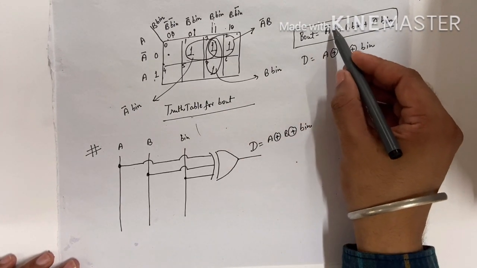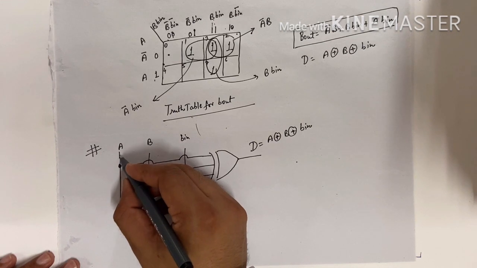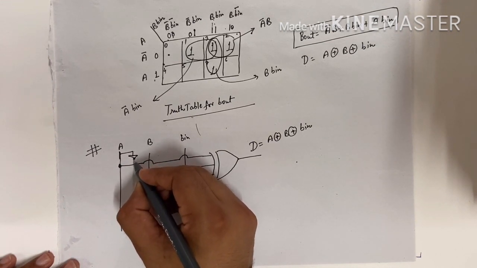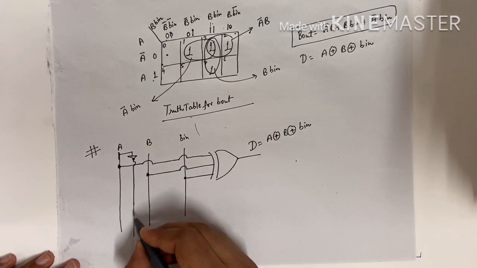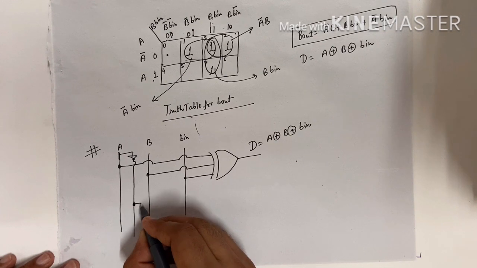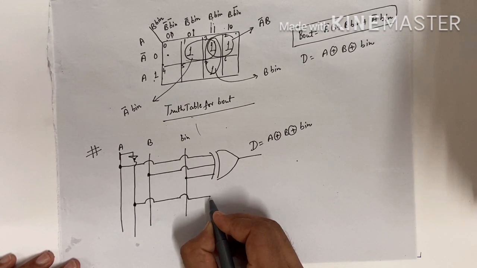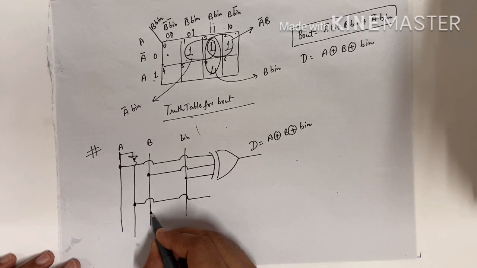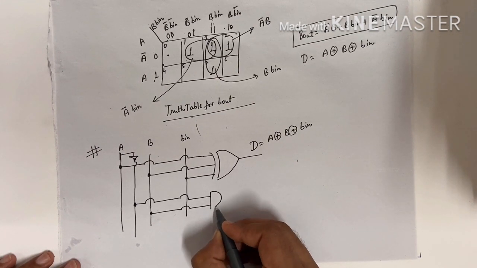Now we have to develop the logic circuit of B output. In the logic circuit of B output we can see this is A complement. So then we have to draw the AND gate. After drawing the AND gate, we can take A complement. Okay, then A complement multiply with B and apply the AND operator.